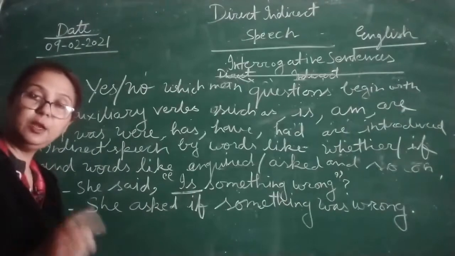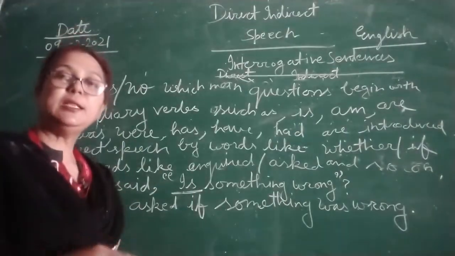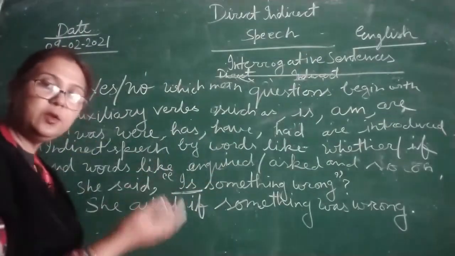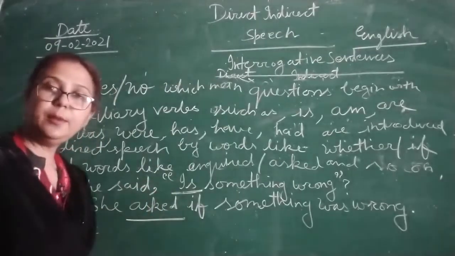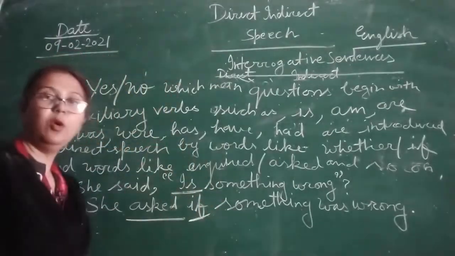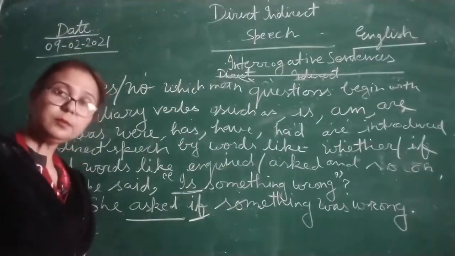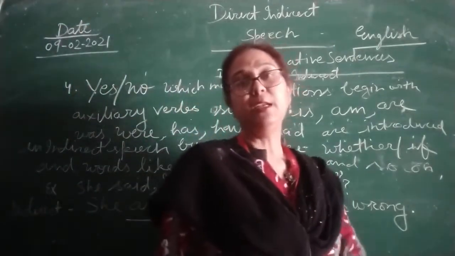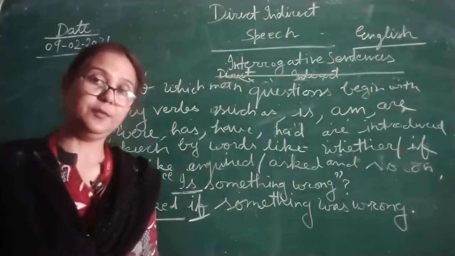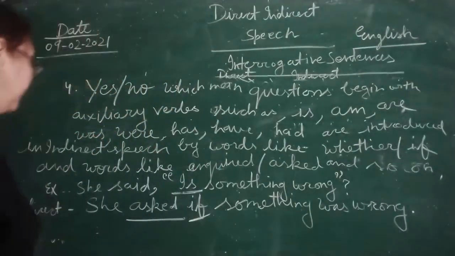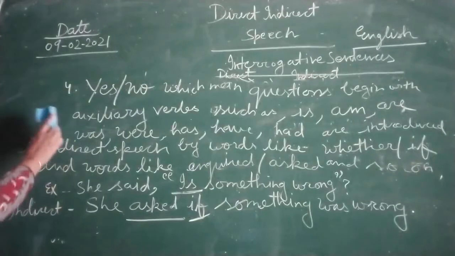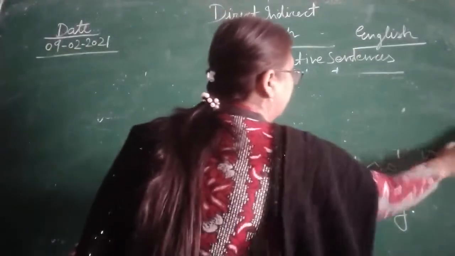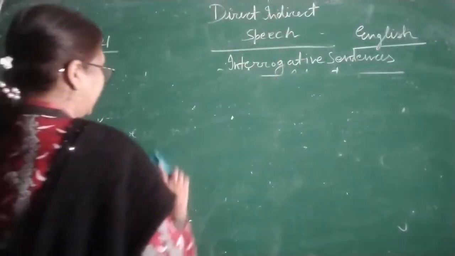So we will use if and whether, and as the sentence requires, we will use asked and inquired also. Asked and inquired we place in the reporting verb, and after that we start with if or whether. Okay children, this is also an important rule when making direct to indirect speech in interrogative sentences.